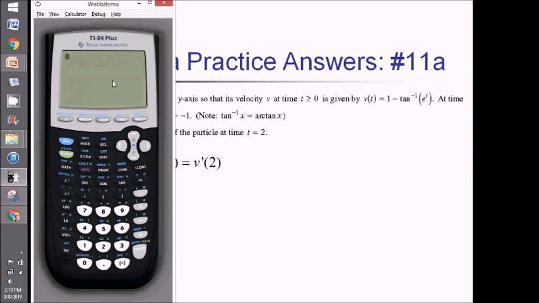So quitting out of there now, I'm going to do math 8 and get my derivative format. I'm differentiating with respect to x, at least as far as my calculator is concerned. And I'm going to do alpha trace and pull up y1 to put in there as my function. And now for the x value, or the t value in this case, that's going to be 2. We wanted v prime of 2, which comes out to negative 0.133.